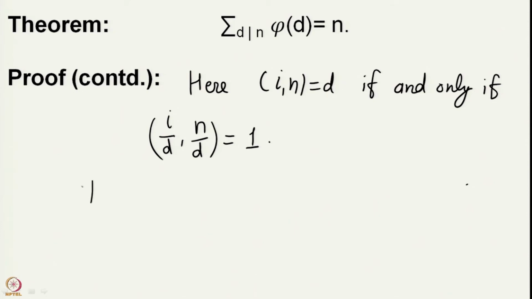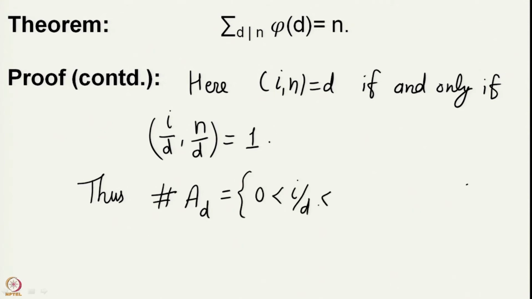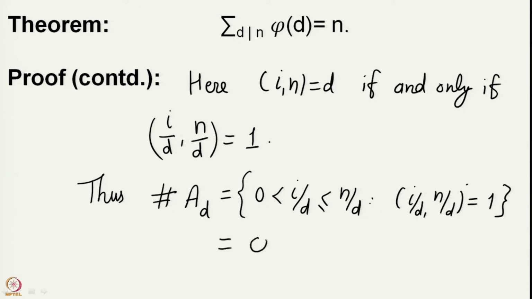So, thus the cardinality of A_d is also equal to the cardinality of the elements with the property that these two numbers are co-prime, but this is precisely phi of n by d.